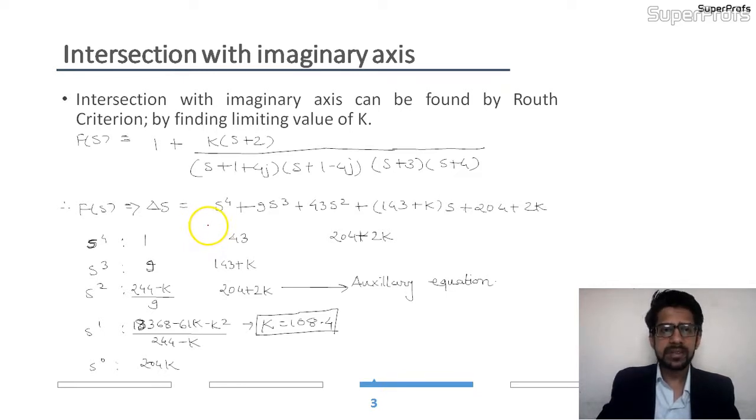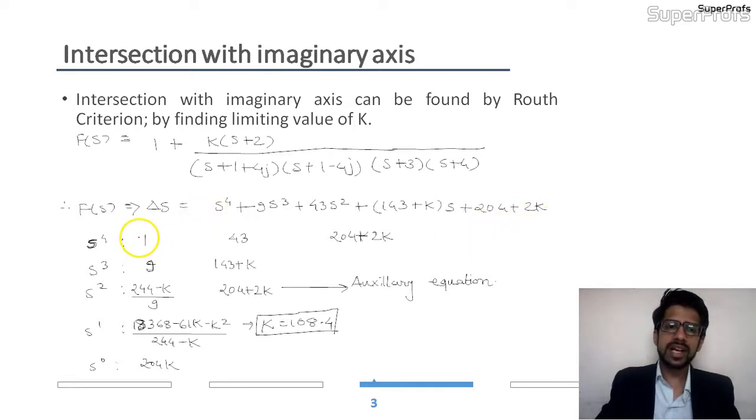The intersection of a root locus with the imaginary axis can be found by Routh's criterion and by finding the limiting value of k. Let us consider that you have a particular F of s as follows. You have a complex conjugate pair of poles also. If you find the characteristic equation, it looks like this: s raised to 4 plus 9s cube plus 43s square plus (143 plus k)s plus (204 plus 2k).